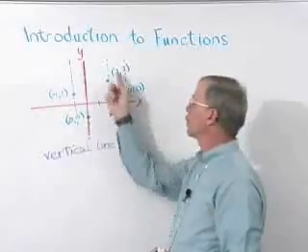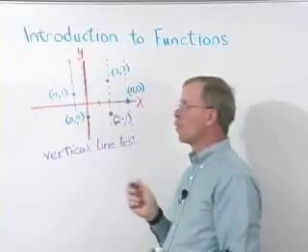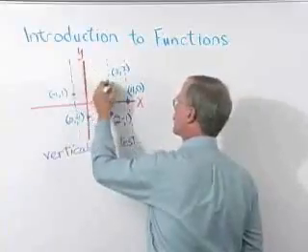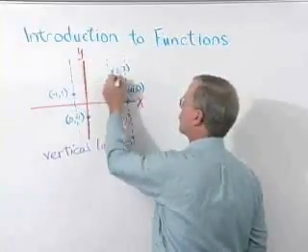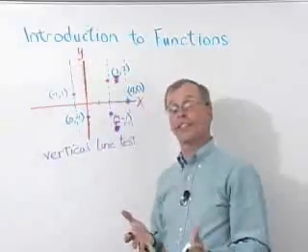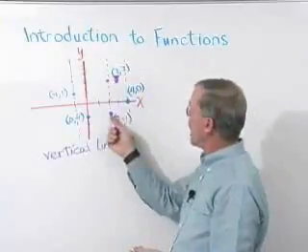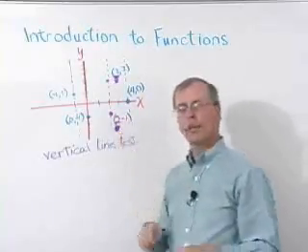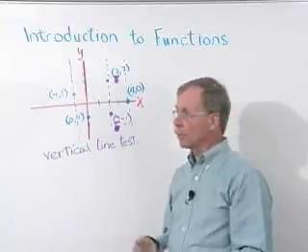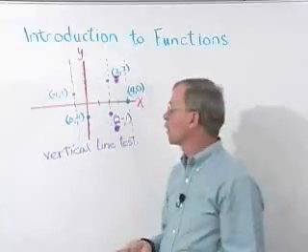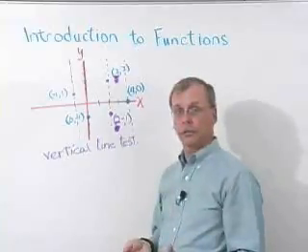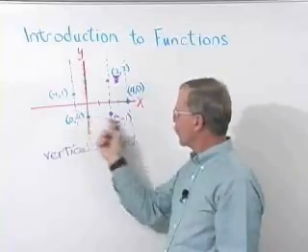Because either one was there before. Well, what makes it fail the vertical line test is the fact that the x values are the same, and that's what we said in our definition. So now, if we include this value into our set of ordered pairs, those ordered pairs are no longer a function.